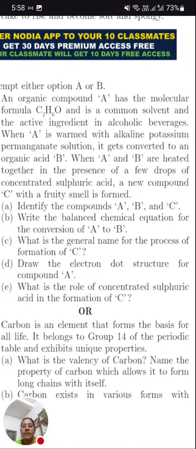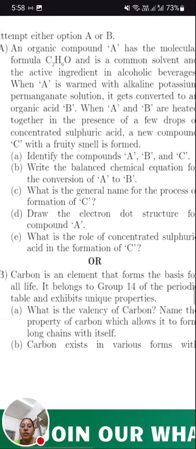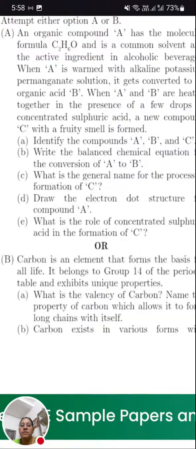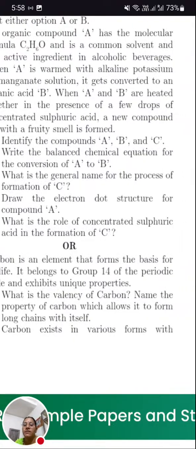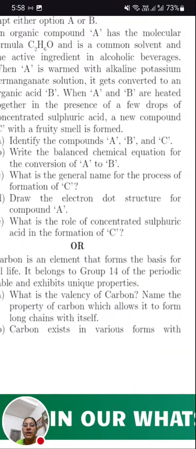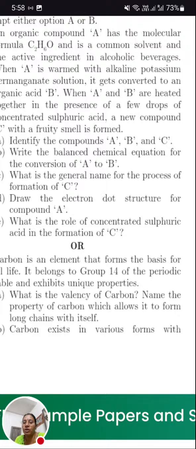Next, carbon is an element that forms the basis for all life. It belongs to group 14 of the periodic table and exhibits unique properties. What is the valency of carbon? Its valency is 4. Name the property of carbon which allows it to form long chains. Carbon has three unique properties. The first one is catenation, that is, it forms long chains. Whenever they ask about long chains, you need to write the word catenation.